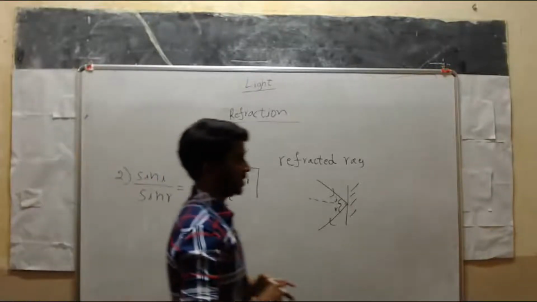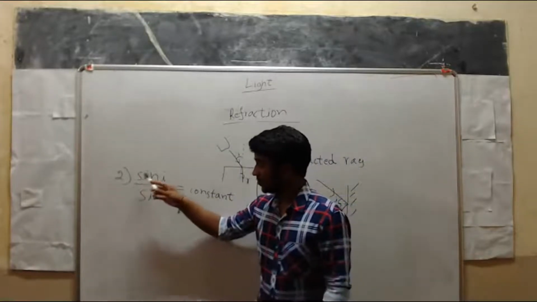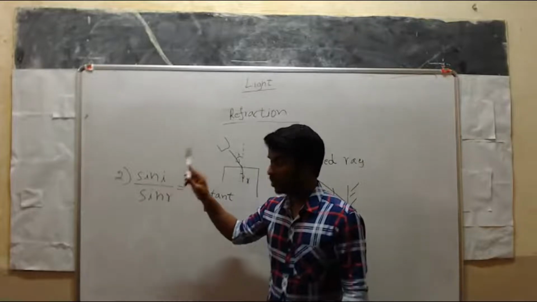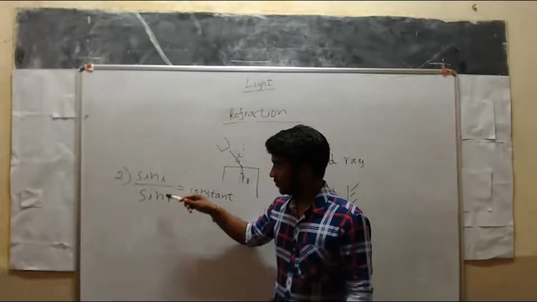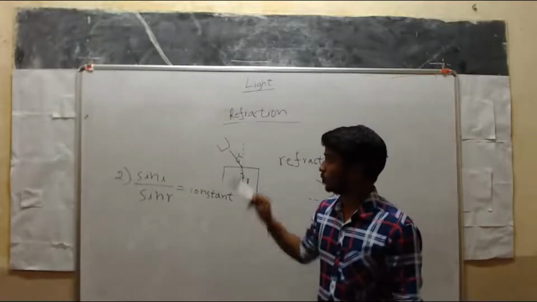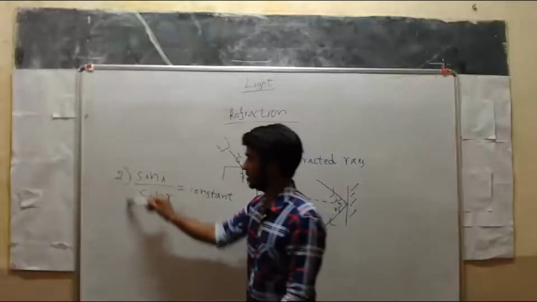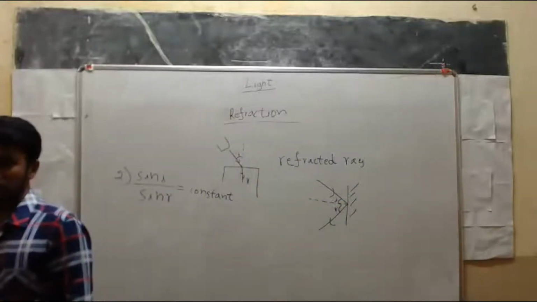The meaning is sin i by sin r equals constant.